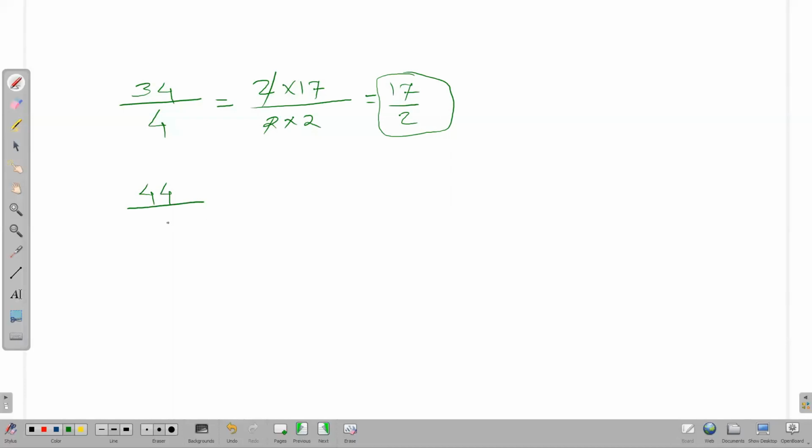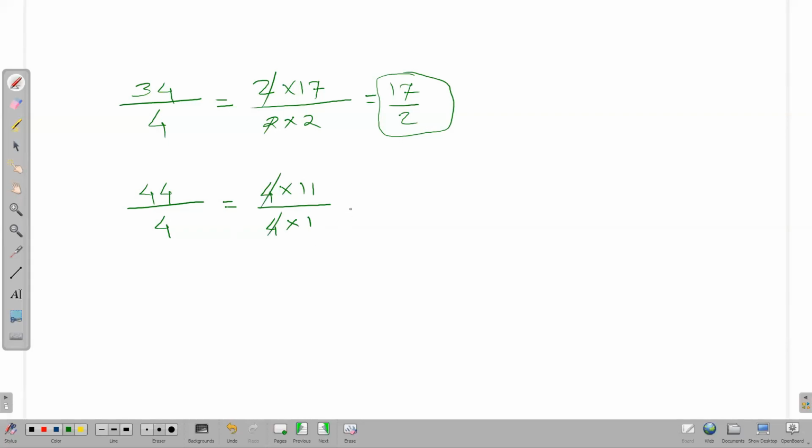44 divided by 4. I'm writing it as 4 times 11 divided by 4 times 1.